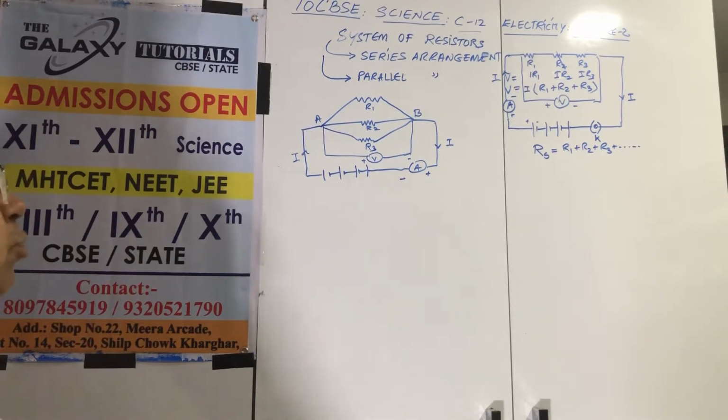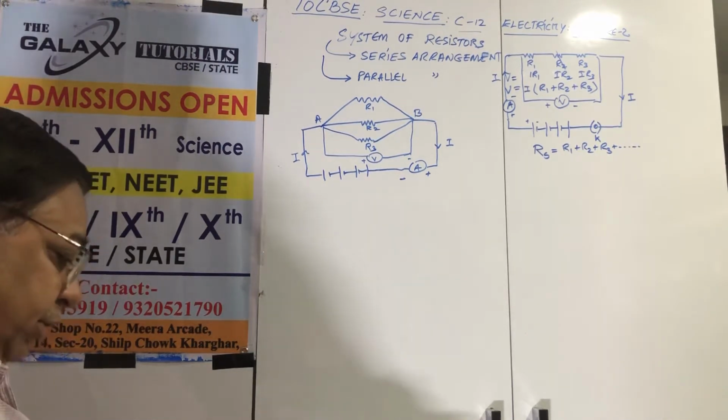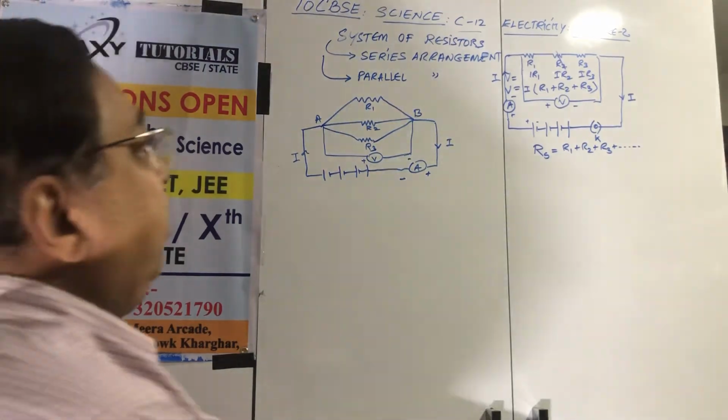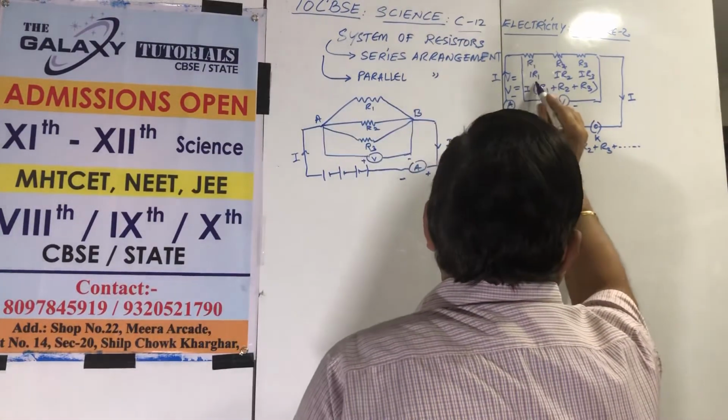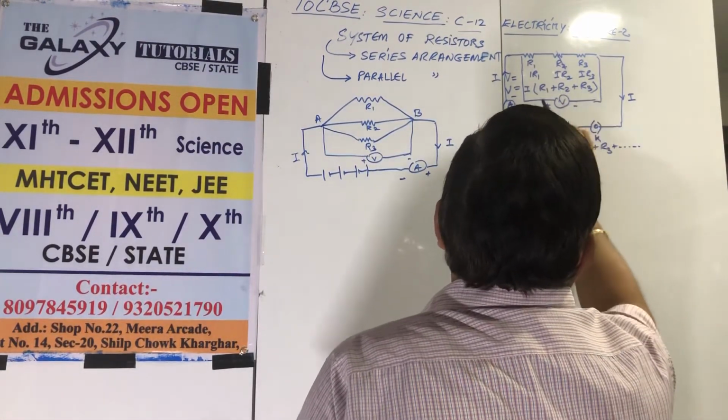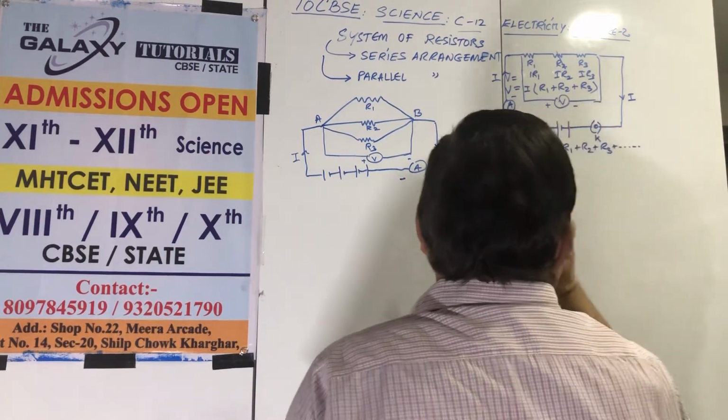Now in this case, my friends, in the series circuit we added the individual voltages: voltage 1, voltage 2, voltage 3, so we get IR1, IR2, IR3, simple.